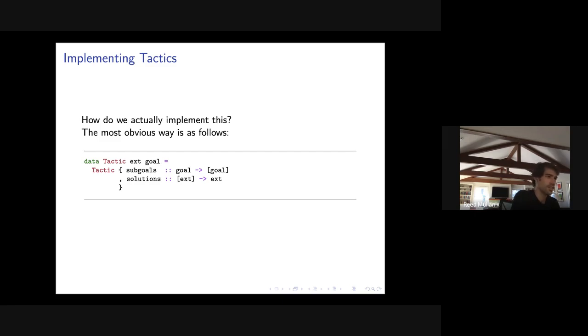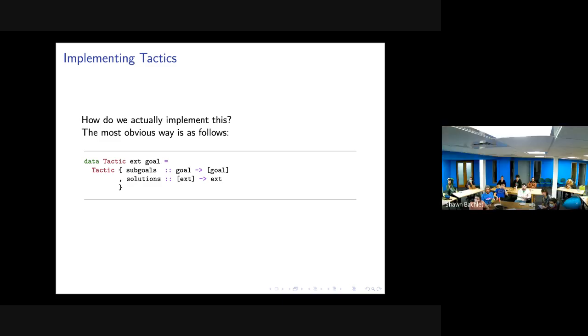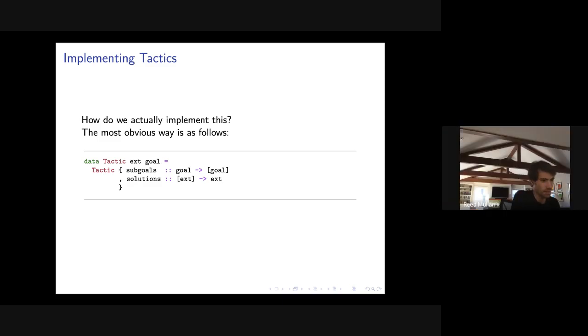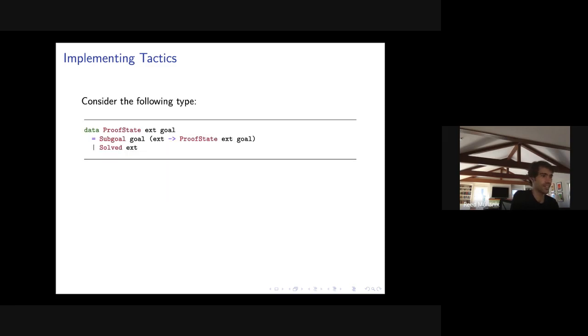First of all, you can't witness the monad instance because goal shows up in both covariant and contravariant positions. And composition is just a total bear to write because you need to stitch together all these lists, and it's not very good. So this is a fine mental model, but we need to do something better. And we can do better.